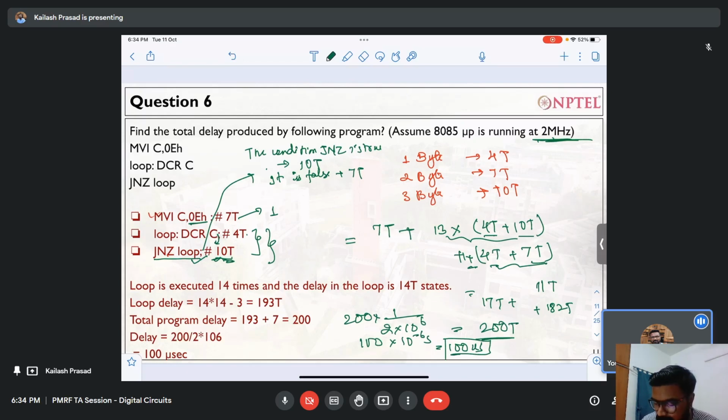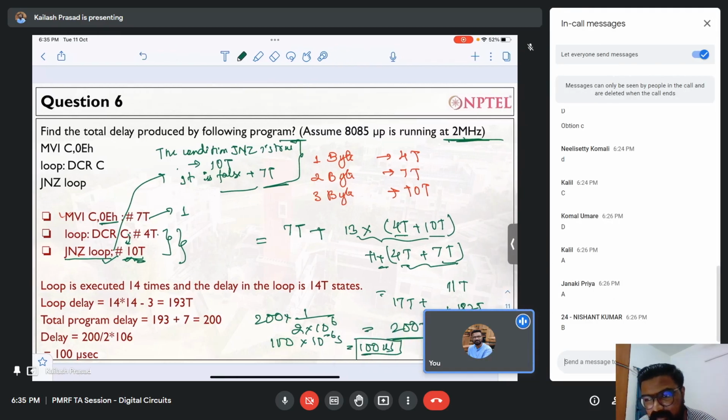Only the exception for jump and not zero loop, I have discussed that, it will be like this. One instruction in one time takes 10t and 7t. These kinds of questions are actually favorites of all the examiners. Did you guys understand? Just comment yes if you have understood.